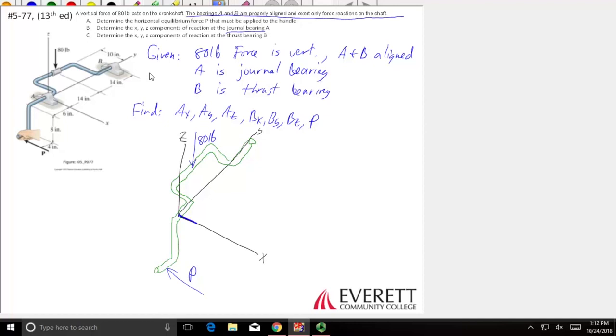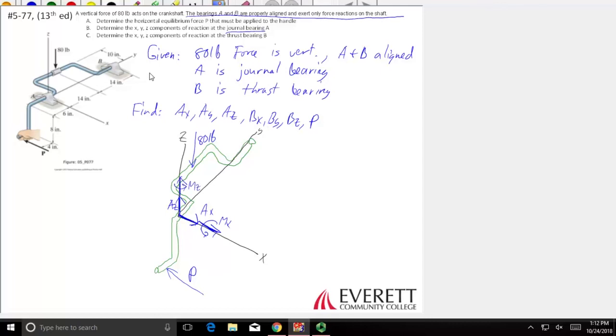I need AX and AZ, very good. And what moments do I need? The moment around X and the moment around Z. Because if you look at that, I could spin it around Y, but I couldn't spin it about the other two. So I'm going to put a moment about X and a moment about Z.